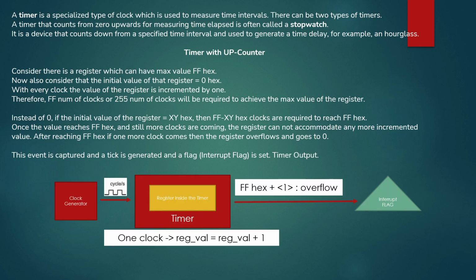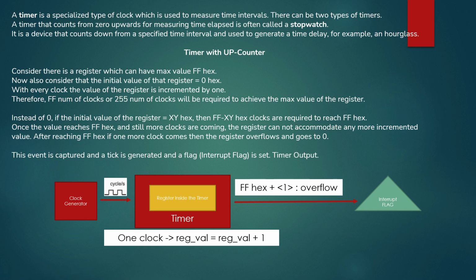This is a photo of the timer with up counter. So you can see there we have a clock generator from where the clocks are coming. We have the timer, and inside the timer we have a register. In this register we set our initial value, and whenever one clock comes, this register value gets incremented by 1.